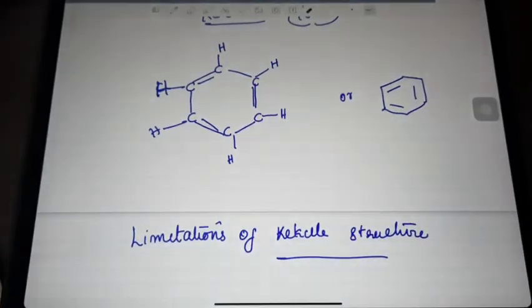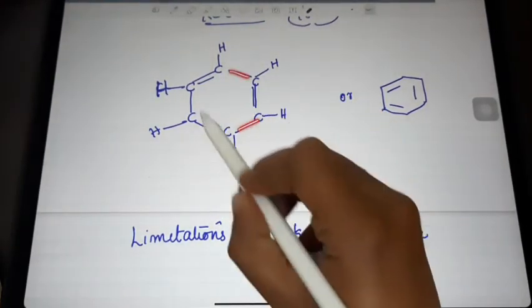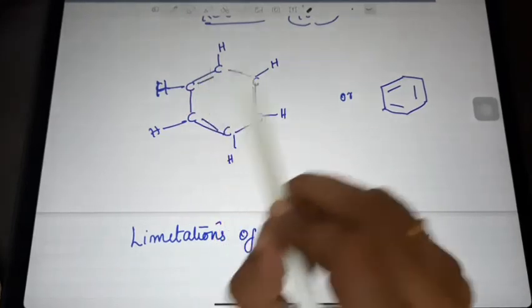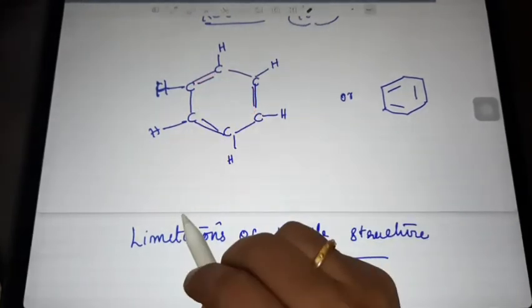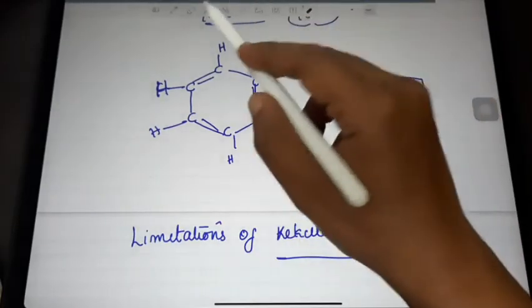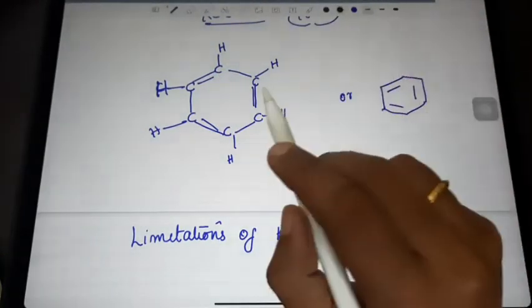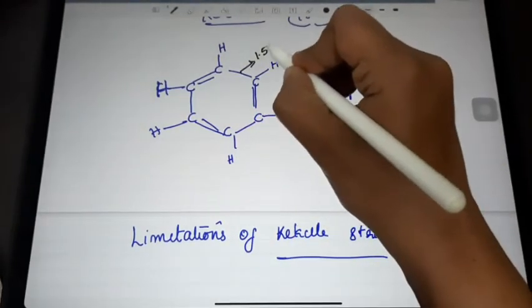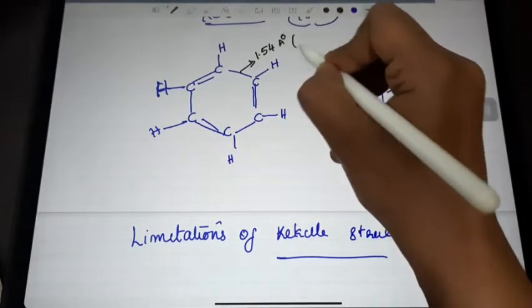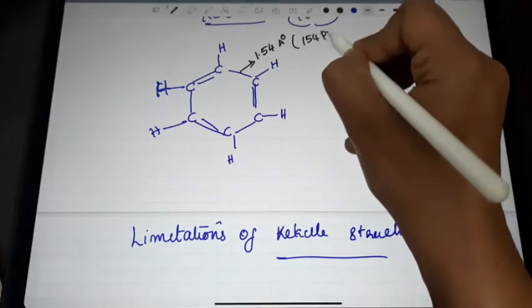And the second one: the Kekule structure contains 3 carbon-carbon single bonds and 3 carbon-carbon double bonds. The normal bond length of a C-C single bond is 1.54 Angstrom, that is 154 picometer.